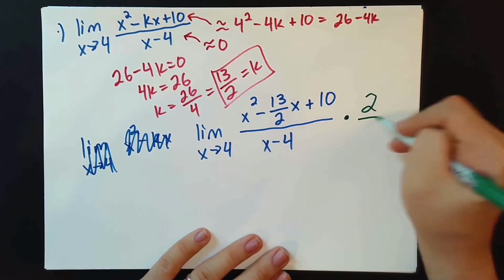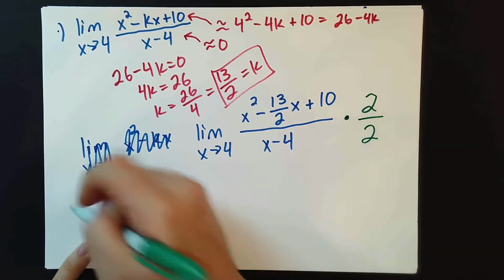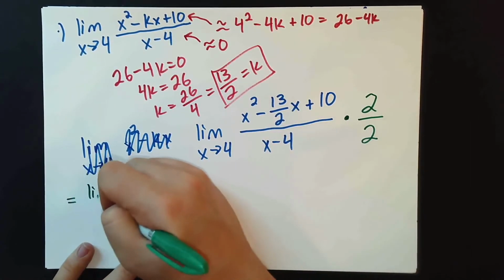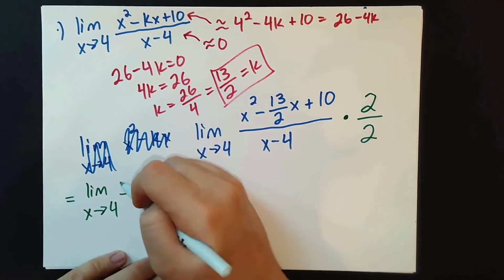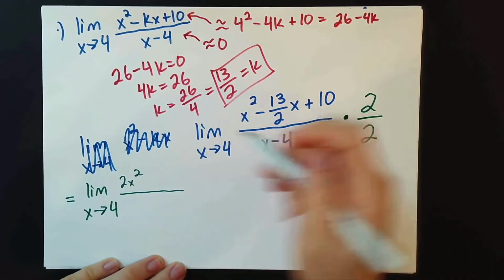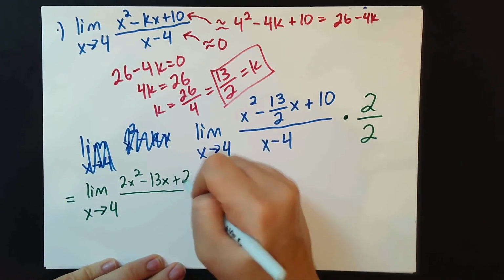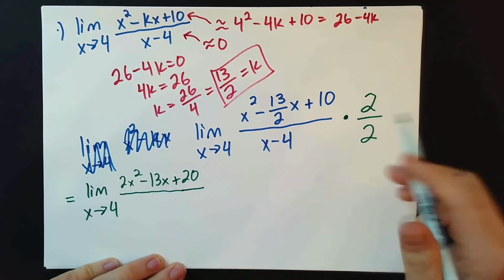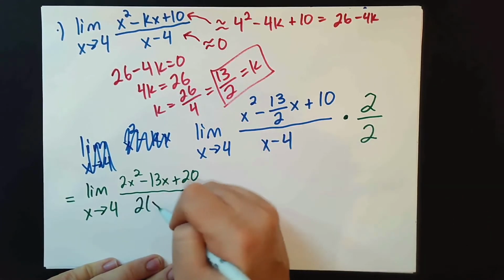Namely, in this case, I need to multiply the numerator and denominator by 2 in order to clear out the fraction. Upon multiplying the numerator here by 2, I'll get 2x squared minus 13x plus 20. Okay. And then the denominator will be 2 times x minus 4.